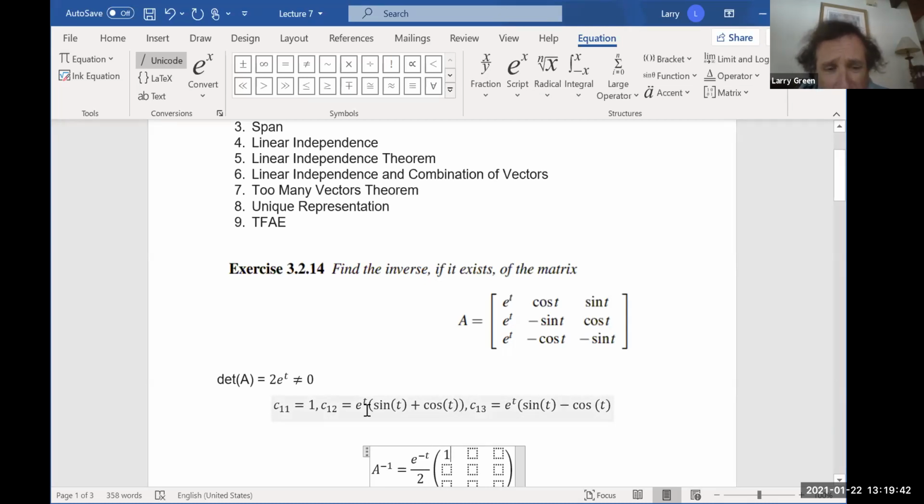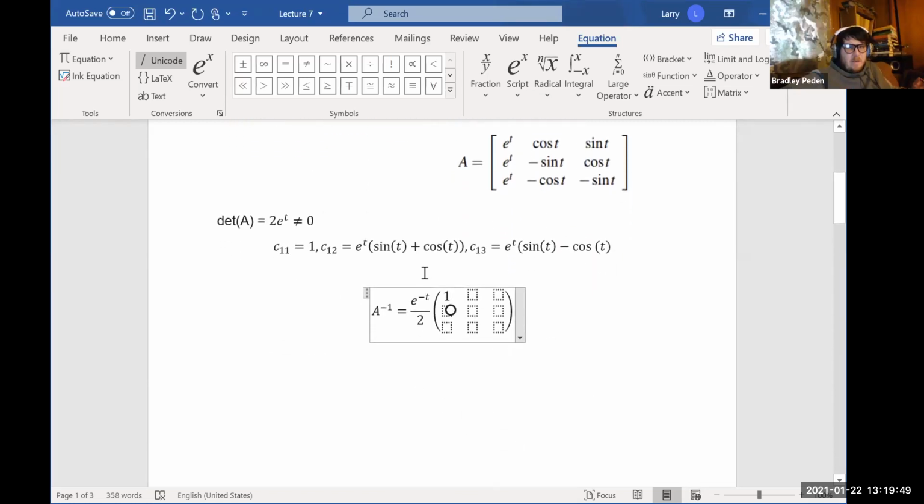Where does the second part go? Where does e to the t times sine of t plus cosine t go? Goes to sine t plus cosine t over 2. No, but where in the matrix does it go? Oh, in second column, first row. Yeah, so notice it's the second column. No, one more guess.